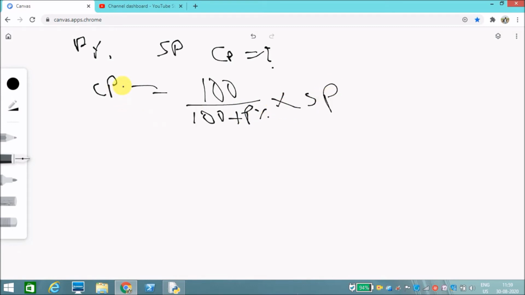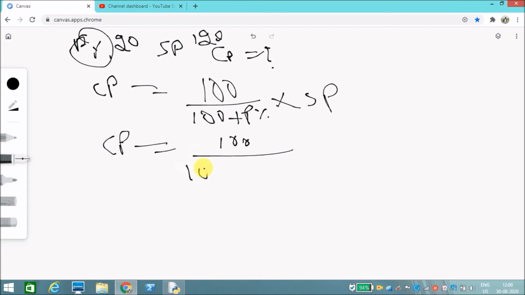Okay, when they give profit percentage, for example, I have got a profit of 20% and my selling price is 120 rupees. I need to find the cost price. Cost price is equal to 100 divided by 100 plus profit percentage, which is 20, into my selling price, 120 rupees.